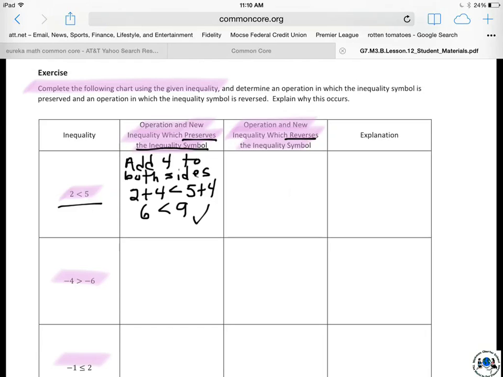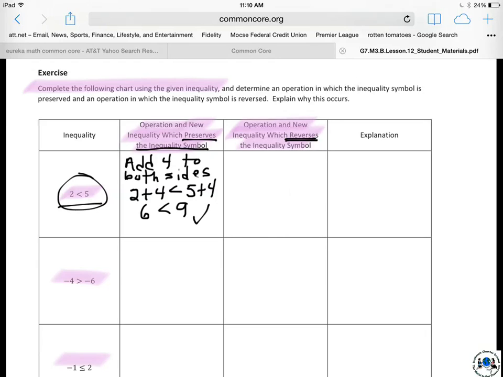Now if I want to reverse the inequality, and again I'm using the same one, 2 is less than 5, what I learned from this lesson is that I can multiply both sides by a negative, so I'll choose negative 4 this time.